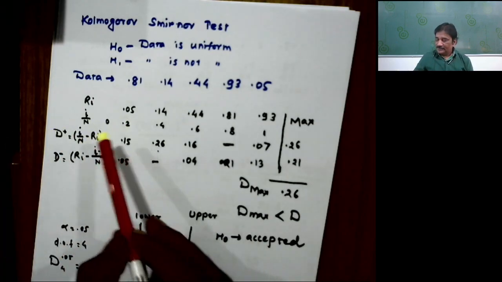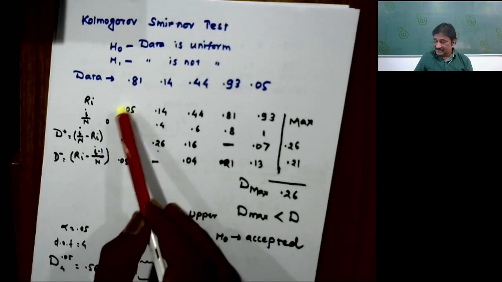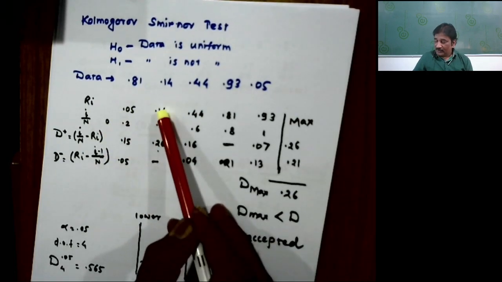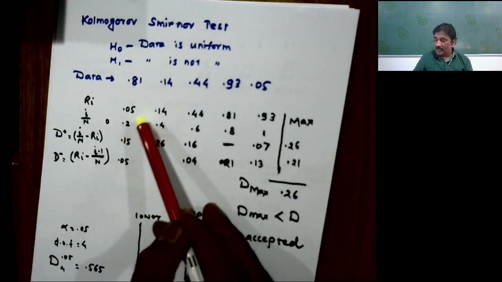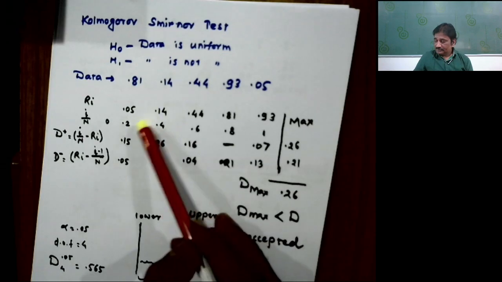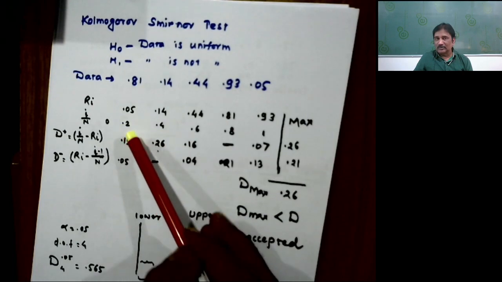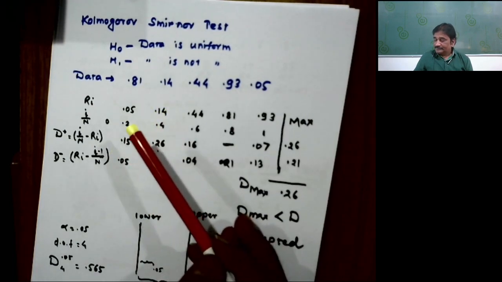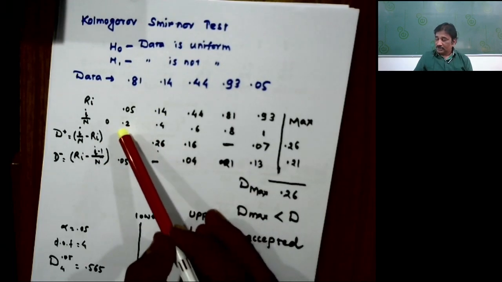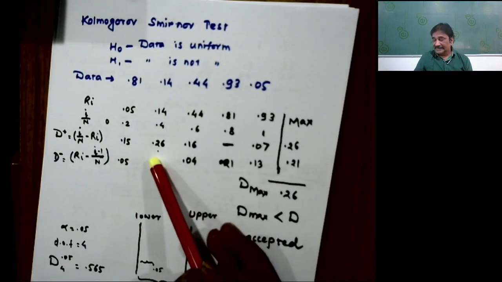So 0.05 minus 0 is 0.05. Then for 0.14, this number is expected to lie in the basket 0.2 to 0.4, so 0.2 is the lower bound. 0.14 minus 0.2: this number is before the lower bound, so you can't find the distance.